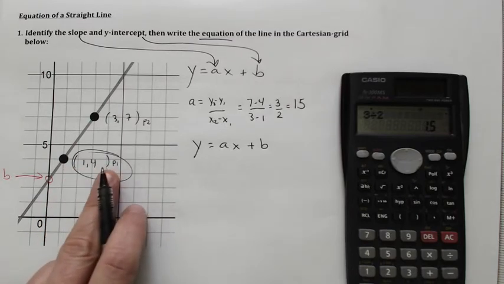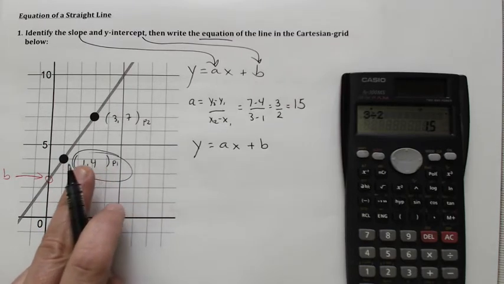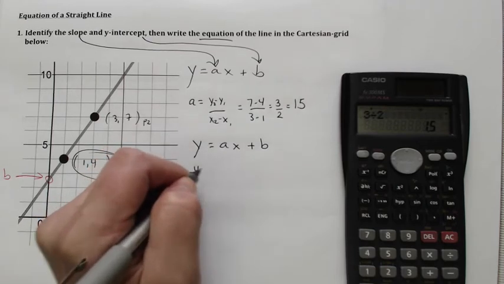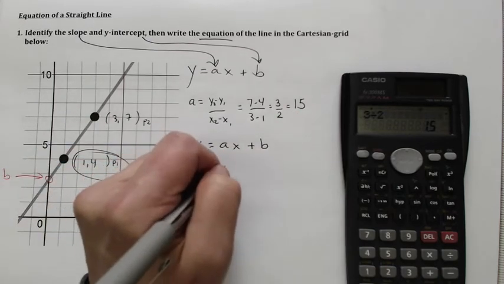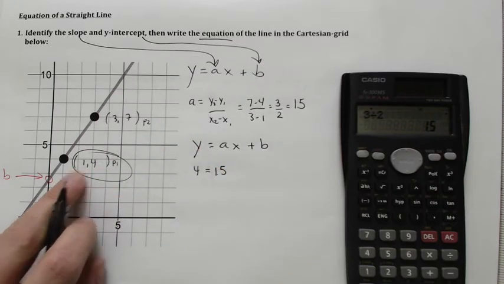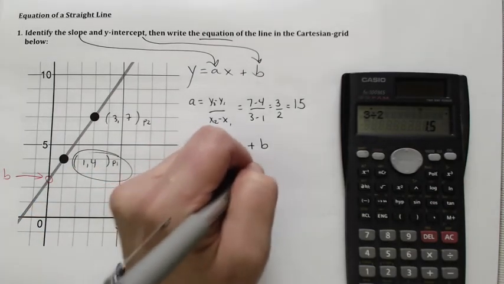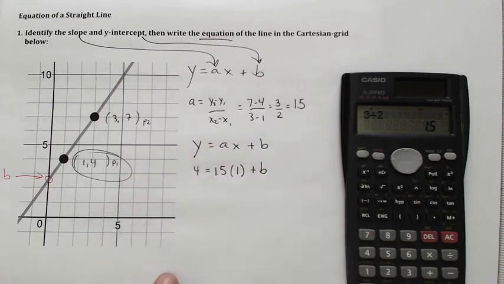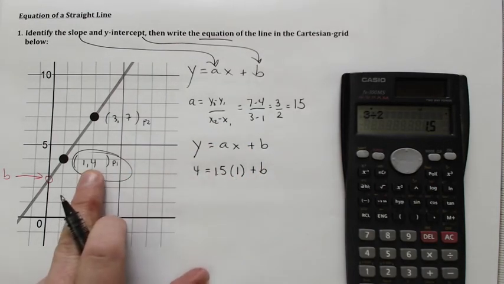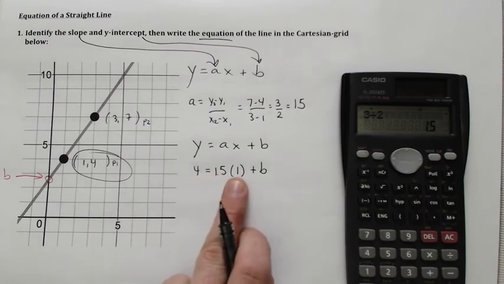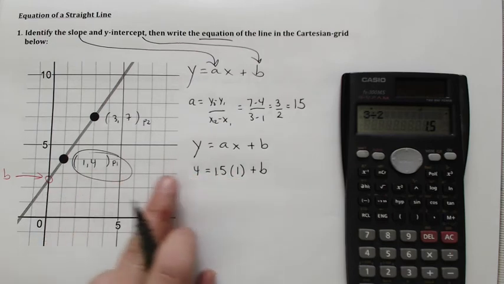But I'll go ahead and solve this one right now. So y, your 4, is equal to a, which I know is 1.5, times x, which is 1, plus b. So there's the statement. Substitution: put that 4 in for the y, 1.5 for the a, and 1 for the x, the 1 and the 4.